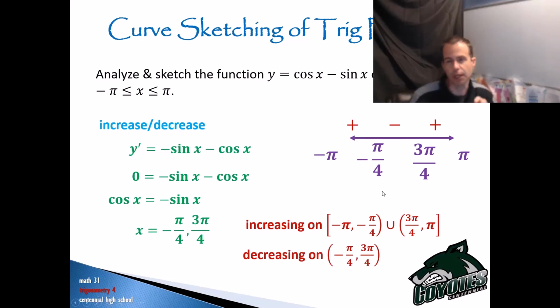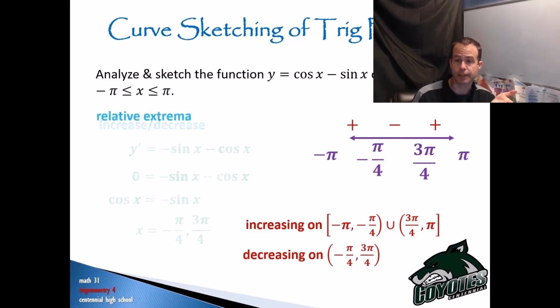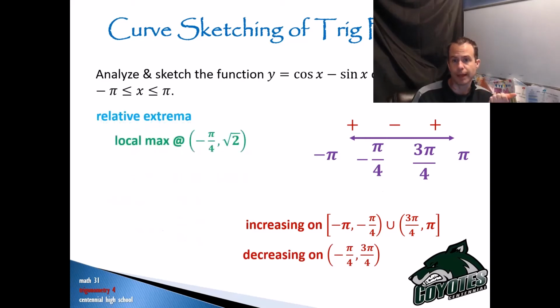So I need to plug negative pi over 4 back into my original equation, get the y value. I need to plug 3 pi over 4 back into my original equation, get the y value, and then state those as my local max and mins. Okay, so I have a local max at negative pi over 4, comma, root 2, and I have a local min at 3 pi over 4, comma, negative root 2.